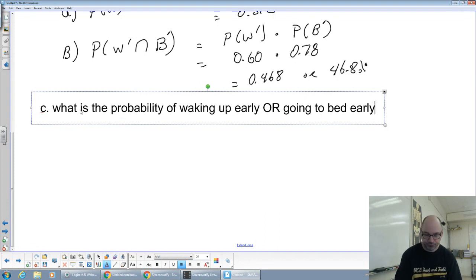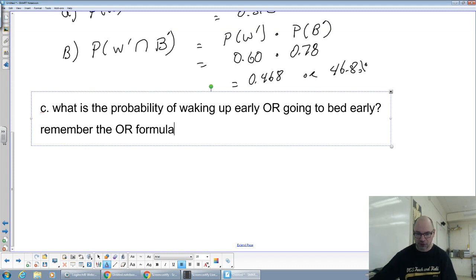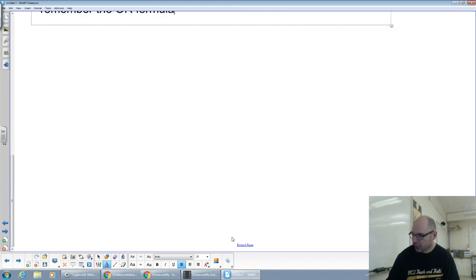Okay, so you got to remember the OR formula for mutually exclusive and non-mutually exclusive events. Okay, so OR is this. Get that so it's right near the top.